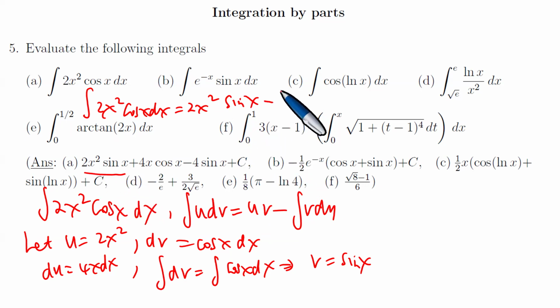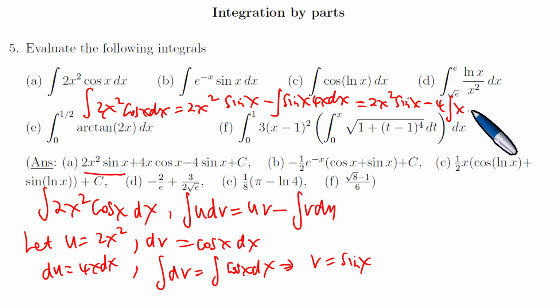But now we must subtract the integral of v du, which is 4x dx. So we have 2x squared sine x minus 4 times the integral of x sine x dx.